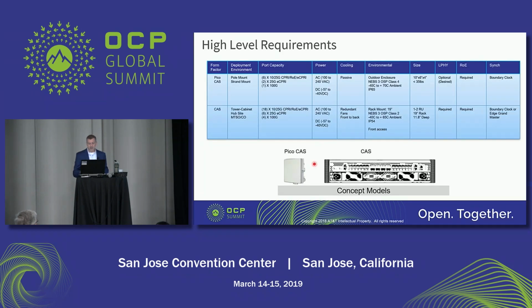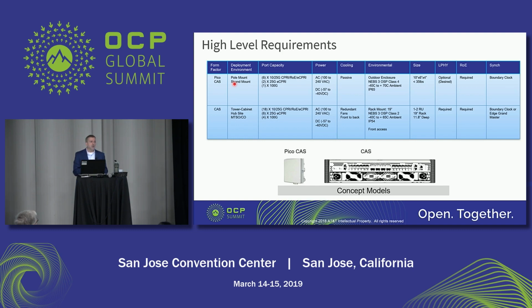All right. So a little more detail on the varying form factors. Starting off with the Pico CAS, an example I was showing before, I showed it mounted onto a pole. Within our network, we also want to support the ability to do a strand mount device as well. Now, I mentioned 2 form factors, but there could actually be more.